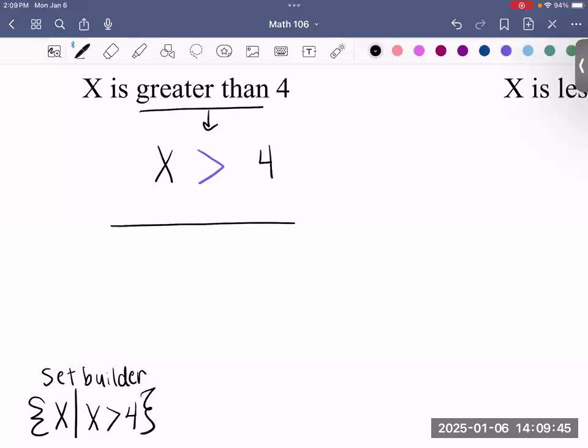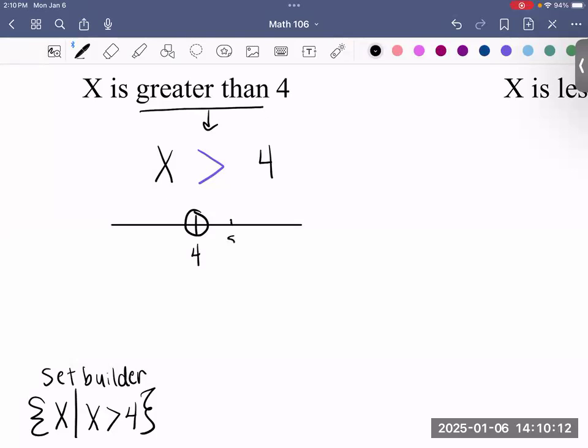I might put it in my graph notation next. The number 4 is up for contention. Notice that it said greater than 4. It didn't say greater than or equal to 4. Therefore, I'm not going to include 4, meaning it's going to be an open circle. We can get as close as possible to 4. What numbers are greater than 4?